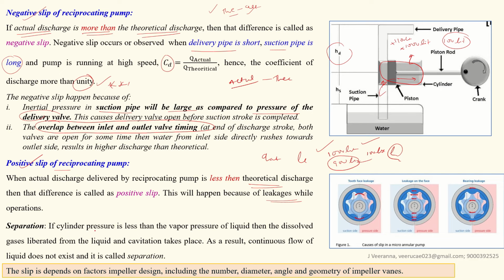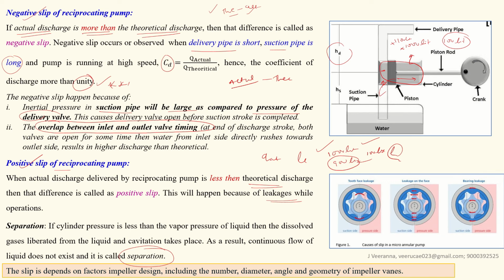Next, separation. If the cylinder pressure is lesser than the vapor pressure of the liquid, then dissolved gas is liberated from the liquid and cavitation takes place. As a result, a continuous flow does not exist. This is called separation. Water enters the cylinder and evaporates, forming bubbles, so gases are created in this condition.